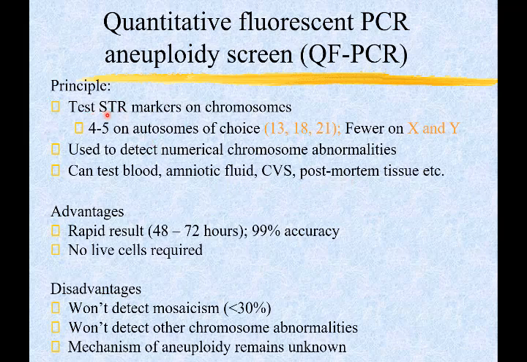Usually we test the short tandem repeat markers on chromosomes, 4 to 5 on autosomes of choice, 13, 18, 21, X and Y, used to detect numerical chromosome abnormalities. The advantage is that it's a rapid result, 48 to 72 hours.